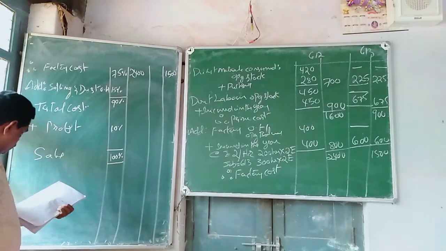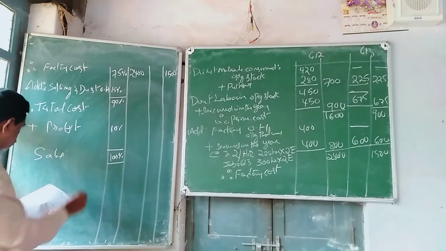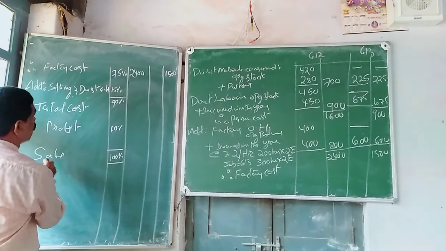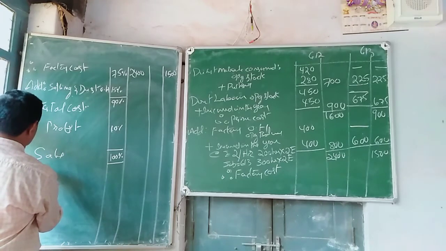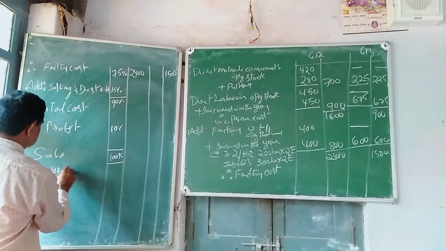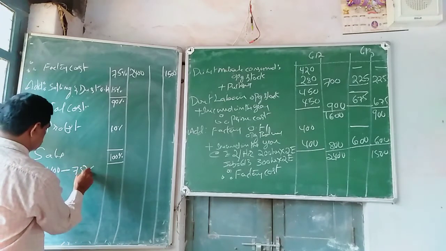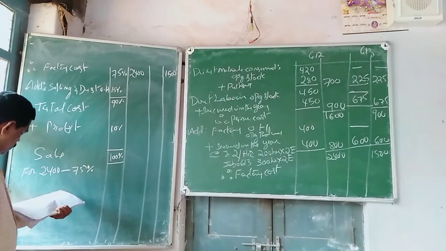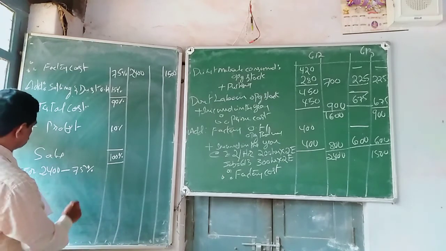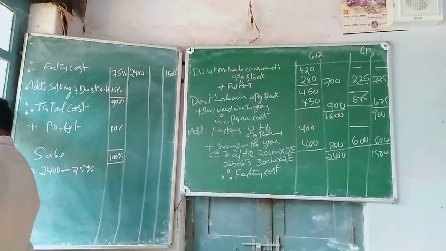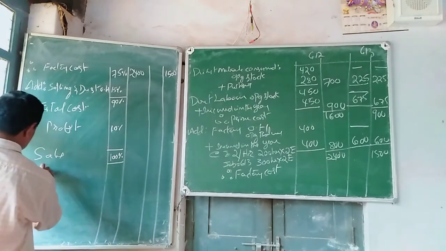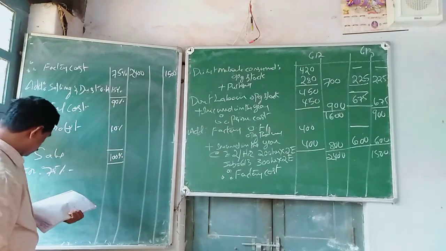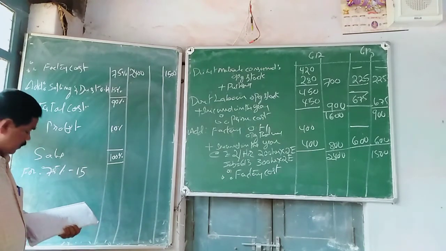So here the calculation is, for 2,400, which is 75%, selling and distribution overhead is 15%.